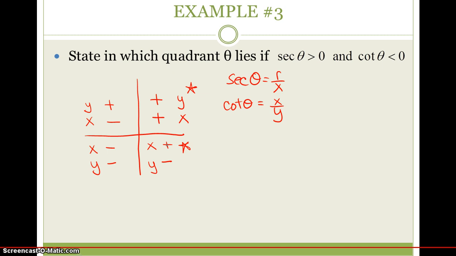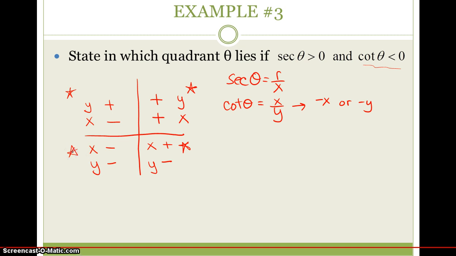And then what we want to do is see where the cotangent is negative. Remember, our cotangent is x over y. So we can have two possible things happen with the cotangent. The x's could be negative, or the y's can be negative. Where the x's are negative is here, and then here.